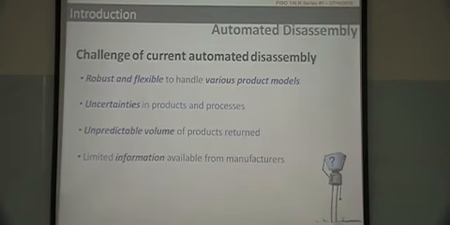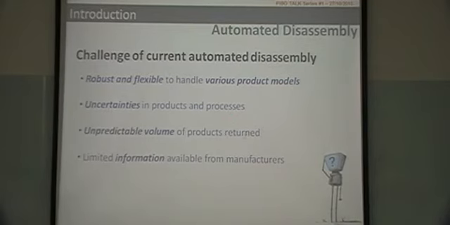Okay, so we come here. Can we automate disassembly? Again, it becomes a very challenging problem. Even for people it is pretty hard, but we can try to automate it. You need a very robust and flexible system to disassemble things, and there is uncertainty in that process.